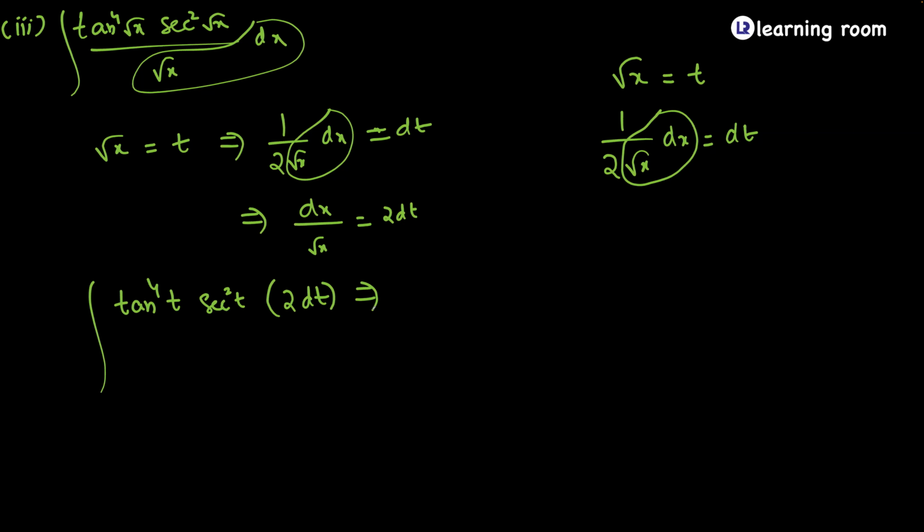I'm not taking the constant because it is going to go out of the integral. Out of these two, which one can I substitute as a variable so that its derivative is present here? If I substitute tan t as some other variable, the derivative of tan is secant square. Whereas if I substitute secant as some other variable, the derivative is secant into tan, but I have tan power 4 here. I'll still get stuck. So what is more sensible?